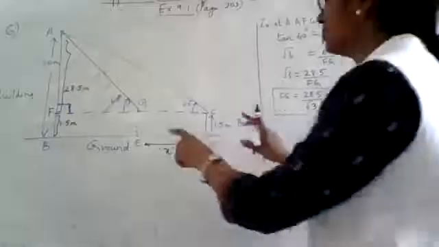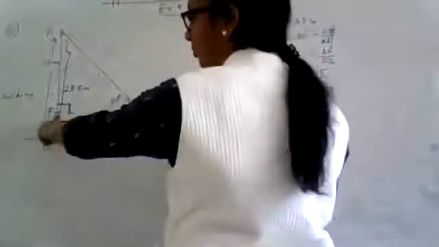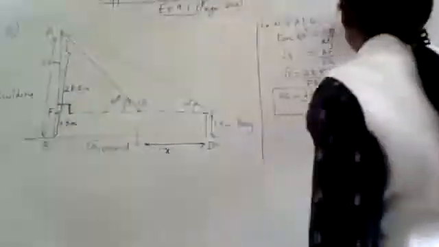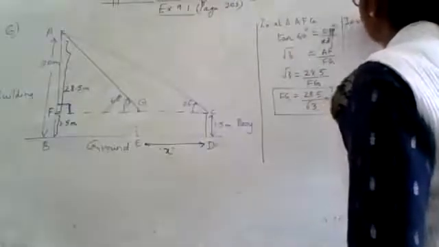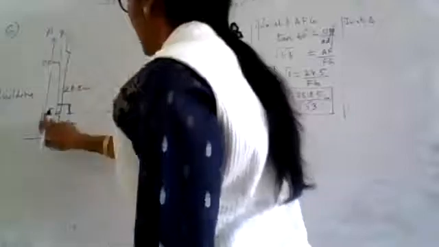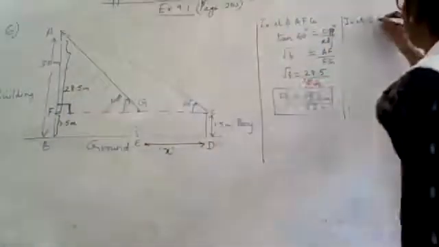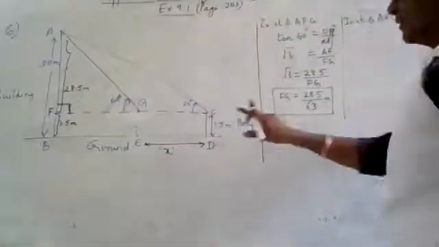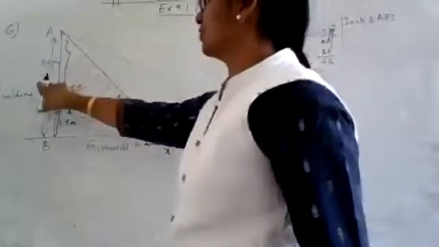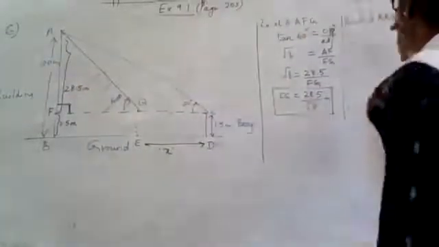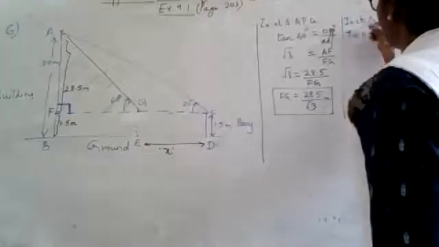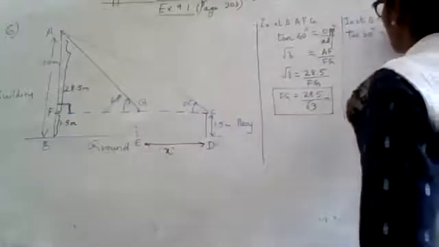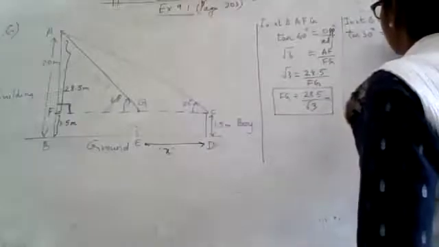So let me find out FC, this total length, from the bigger triangle. So I go to the second triangle, right triangle AFC. Now the angle is 30, and opposite and adjacent are known. So I will take tan 30 equals, again opposite by adjacent.